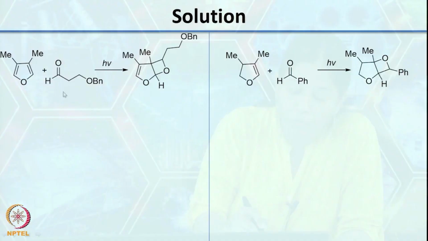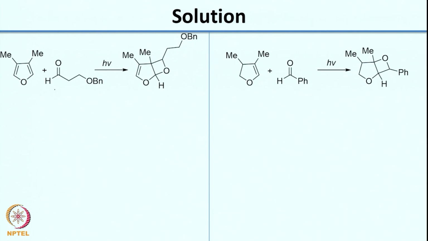So, in one case what you have is, you generate this biradical and now it can interact with the furan.